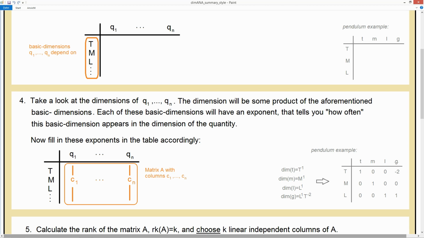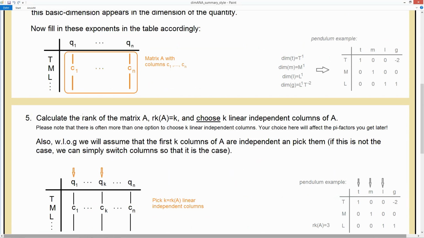And when we take a look at small g, it depends on l to the power of 1 and t to the power of -2. So -2 for t, but no mass, so 0, and 1 time length.